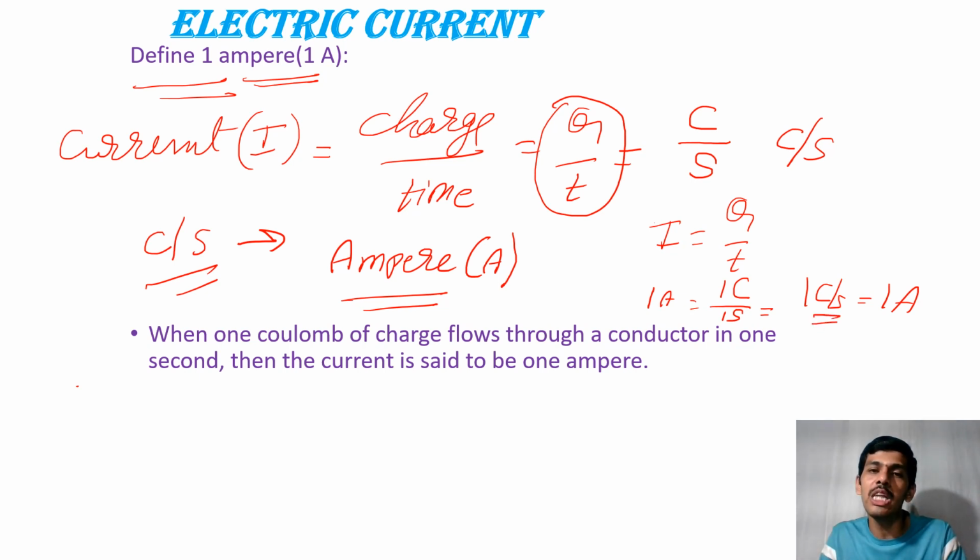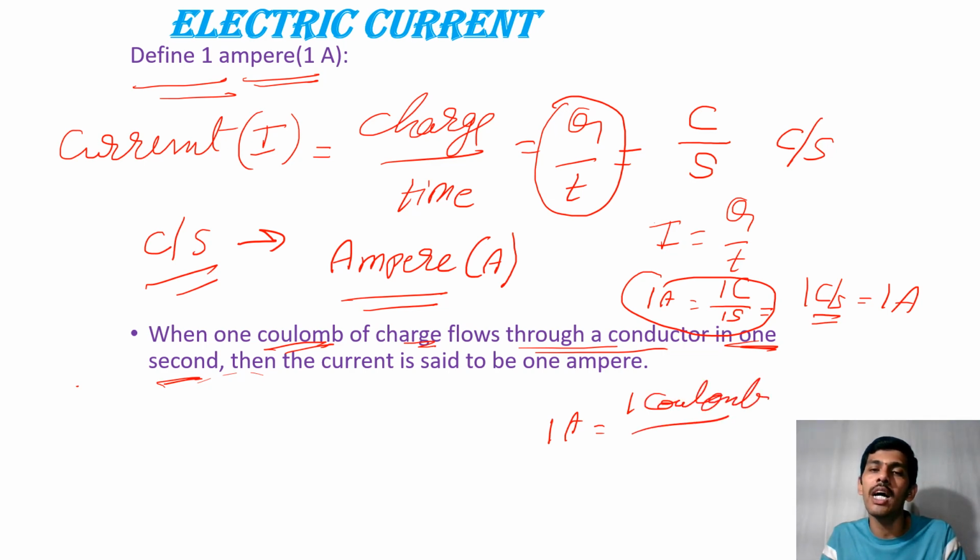The same is defined here in words. When 1 coulomb of charge flows through a conductor in 1 second, then the current flowing through the circuit is said to be 1 ampere.